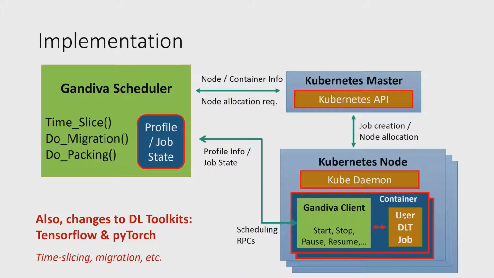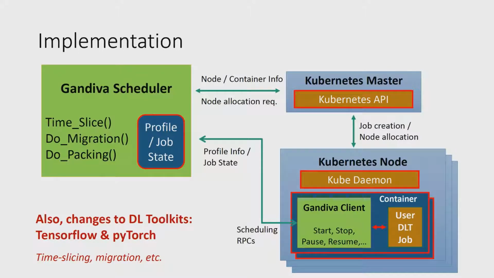Imagine you have a training job running on one GPU in one node, and the scheduler decides this job should be suspended for now and resumed later on another device. That requires the framework to take a snapshot of the entire GPU memory, load it into main memory, and then send it over to another location to resume from there.